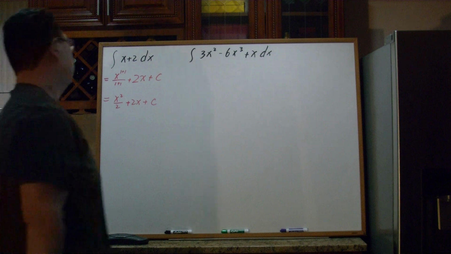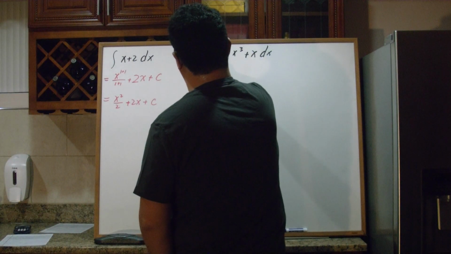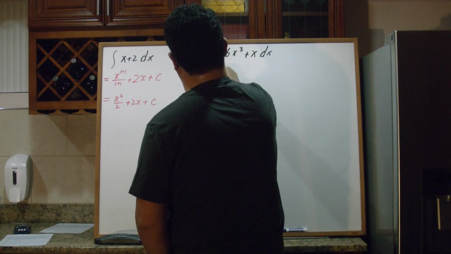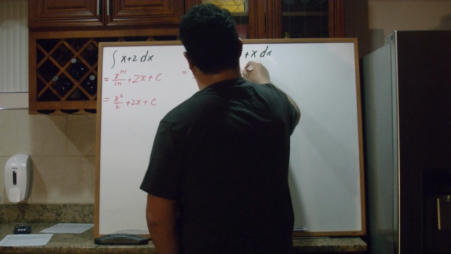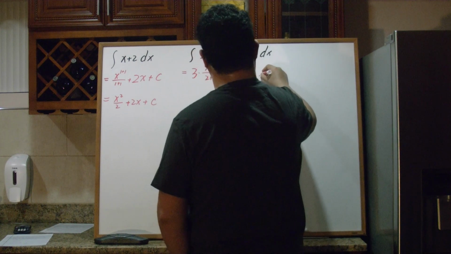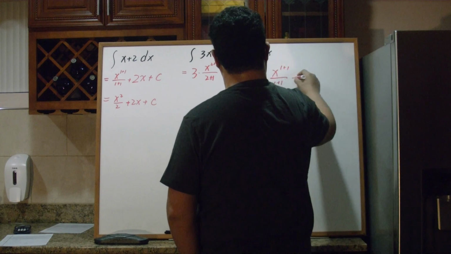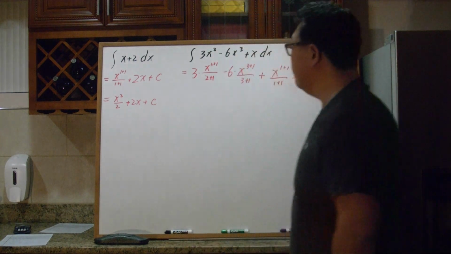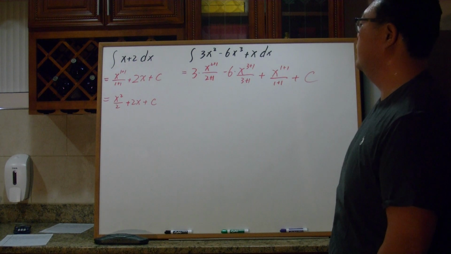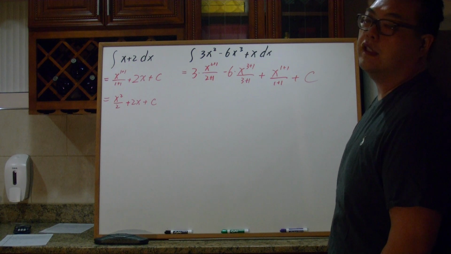And the next one, whatever the coefficient is: x to the 2 plus 1 over 2 plus 1, x to the 3 plus 1 over 3 plus 1, x to the 1 plus 1 over 1 plus 1. I'll just be clear of what the power is, and then we apply the power rule for integration.